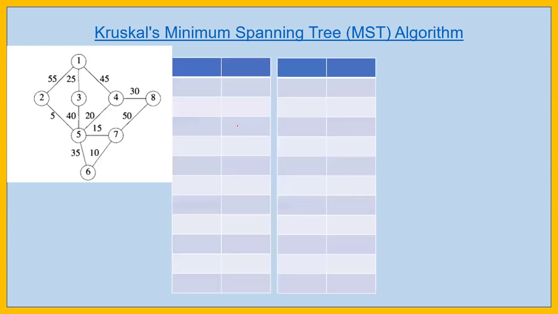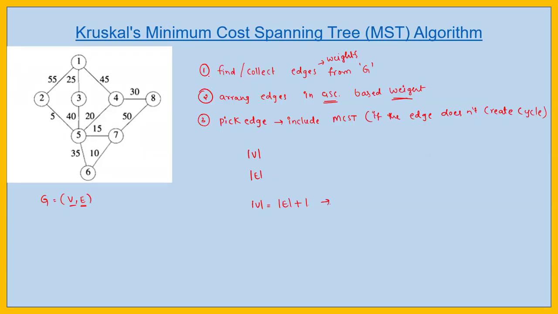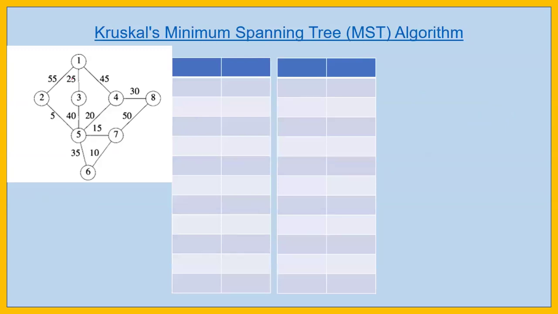The first step I said was to find or collect the edges and weights from the given graph. So here, this is the given graph, and here I am writing the edge, and here I am writing the weight. What is the first edge we have? I need to start from 1. Is there any direct edge from 1 to 1? There is no direct edge. Is there any direct edge from 1 to 2? Yes.